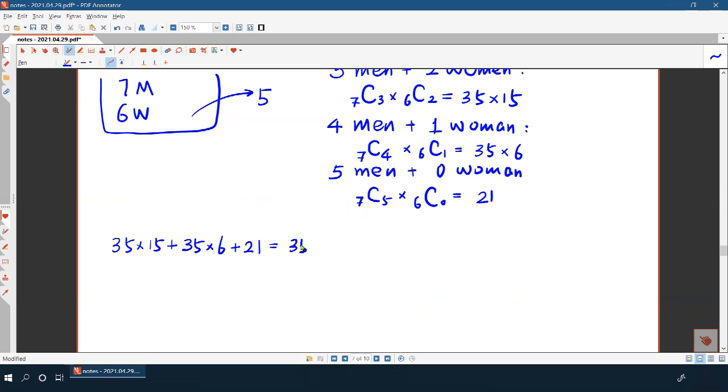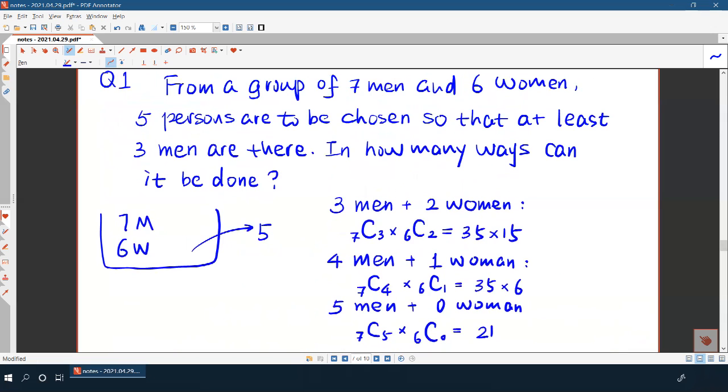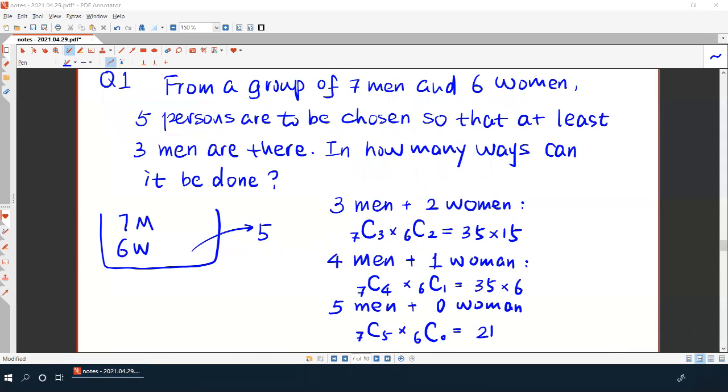Let's put all the numbers together: 35 times (15 plus 6) plus 21, which is 35 times 21 plus 21, which is 36 times 21. This is 756. This is the total number of ways we can complete the task, right?